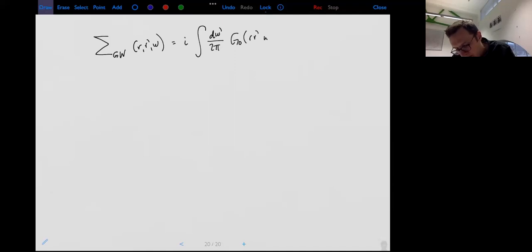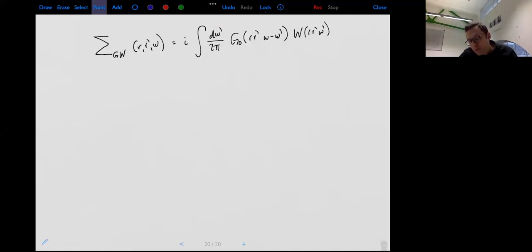So when I do sigma GW, I get the following. So I get a convolution in frequency space, like this. Okay, now I have to deal with this integral over frequencies.